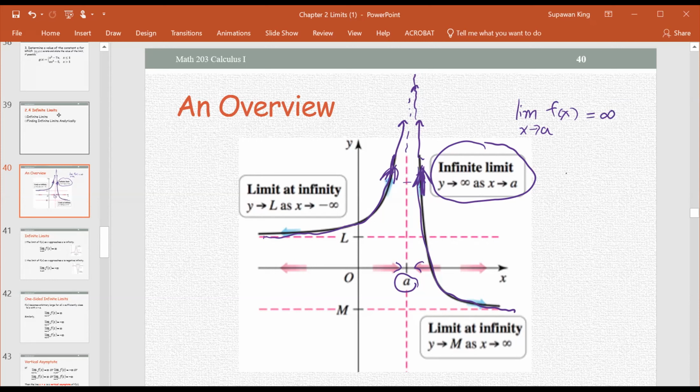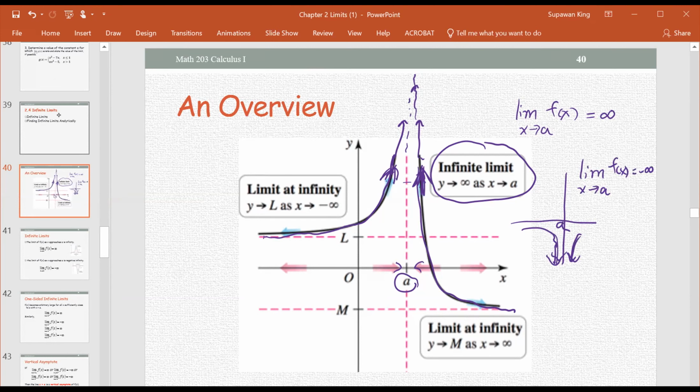But if you have the graph that is approaching down to the bottom here, okay, that means if this is a point A, in this case, we use another notation as the limit of the function as x approaches A, both directions, equals, this time it goes all the way down, going to be negative infinity.